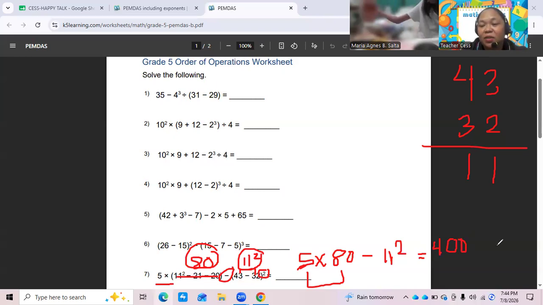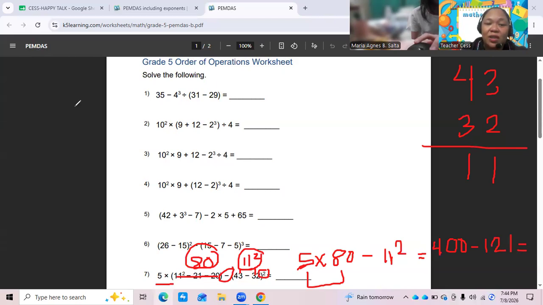How about the minus 11 squared? 11 times 11 is 121. Very good. So meaning 400 will be subtracted by 121. So what will be the final answer?